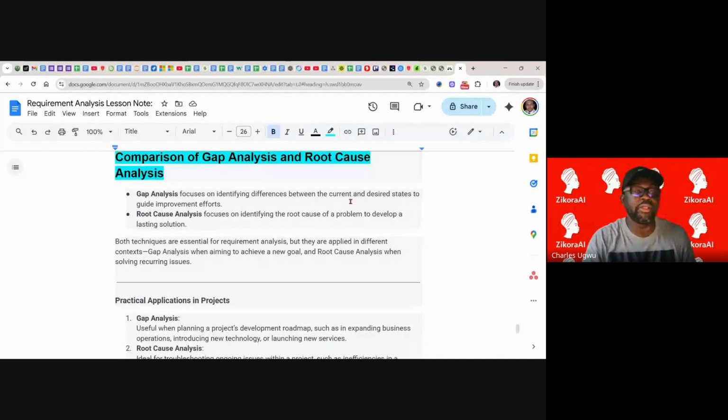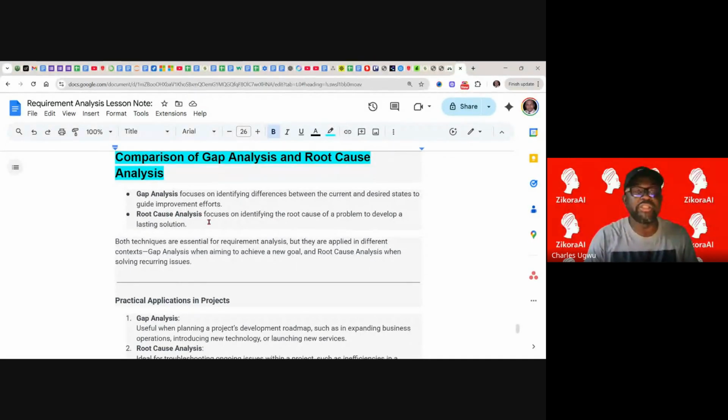Here you see gap analysis focuses on identifying differences between the current and the desired state to guide improvement efforts. This is where we are, this is where we want to be. What are the differences? What is the gap?